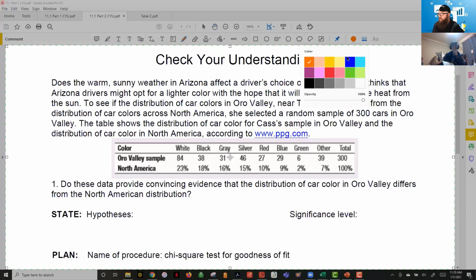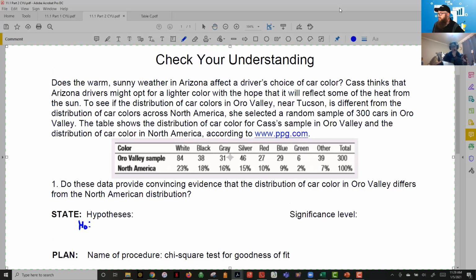All right, so let's go. For our null, we're simply saying that the distribution in, I guess that's Oro Valley, is how you pronounce that? Oro Valley, yeah, right? No idea. Oro Valley is the same, right? We're saying that it is the same as North America.